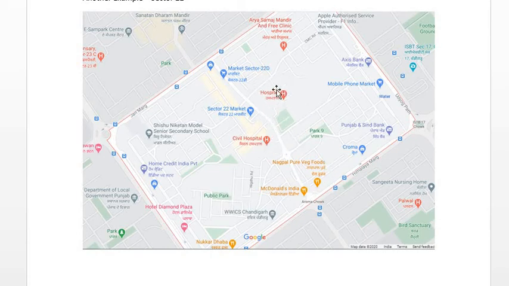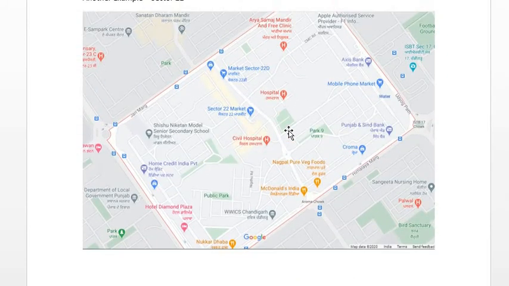There are two hospitals in the sector. So as such, this sector is self-sufficient in itself, so there is not much commutation required, or any travel required for any basic services. They are all available inside the sector itself.